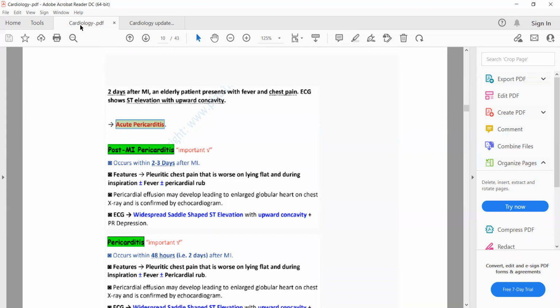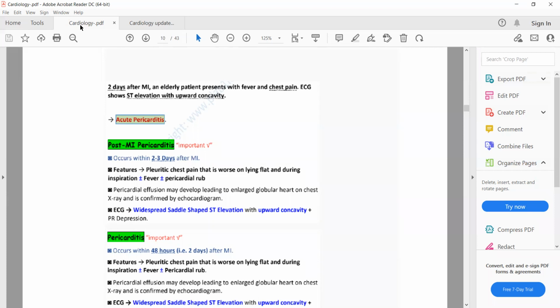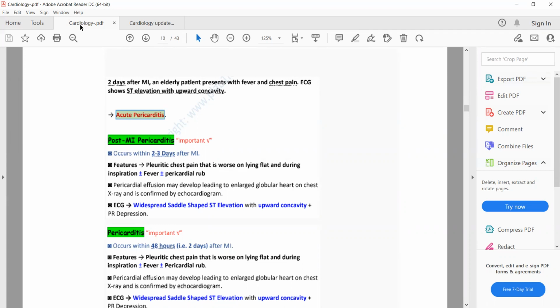To clear these necrotic or dead tissues, the body starts the inflammatory response, which can be exaggerated, which will result in pericarditis or acute pericarditis. So acute pericarditis in a patient with MI can occur within 2 to 3 days, or after 24 hours.